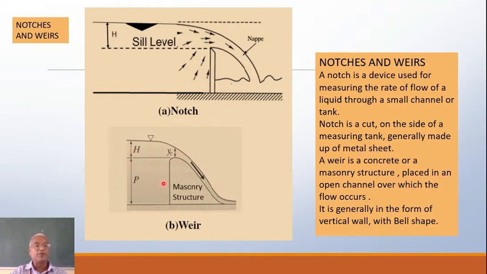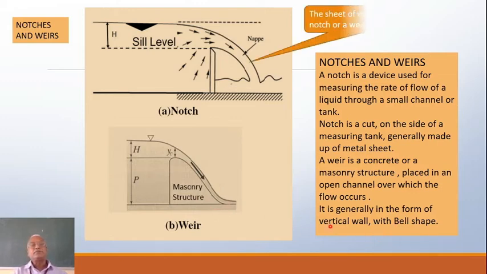Right? The flow is coming full, but because of the obstruction of this weir, the flow only goes over the top, right? So it is generally in the form of a vertical wall or with a bell shape. Maybe just a perfect rectangular cross-sectional shape, or a smooth shape like this, which is technically called ogee shape, or a bell shape, right?